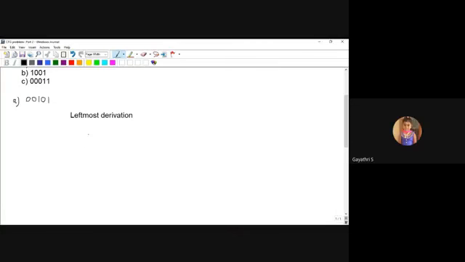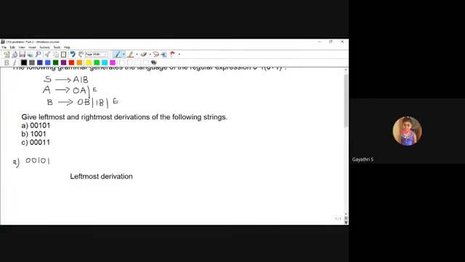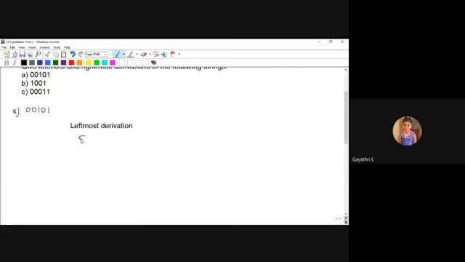So, leftmost derivation. I will start with S, which acts as the start symbol. S gives A1B. Our goal is to reach 00101, that is, to derive the particular string. Since I'm following leftmost derivation, the leftmost non-terminal is replaced first.